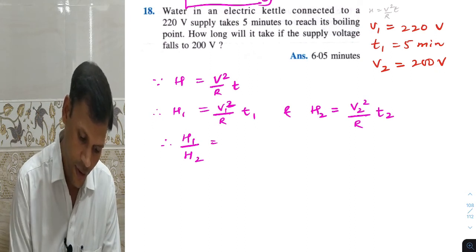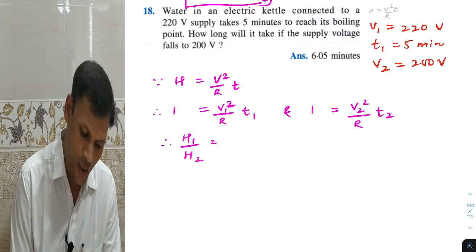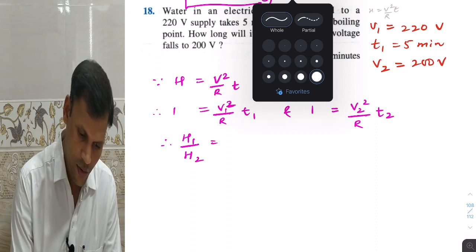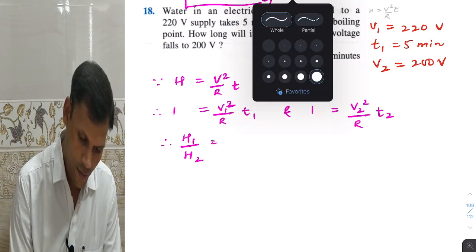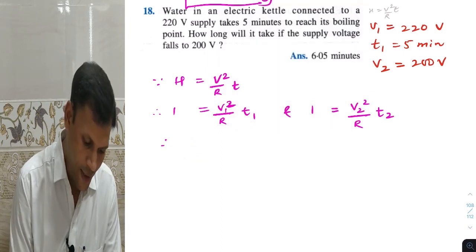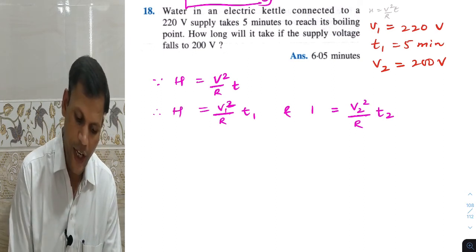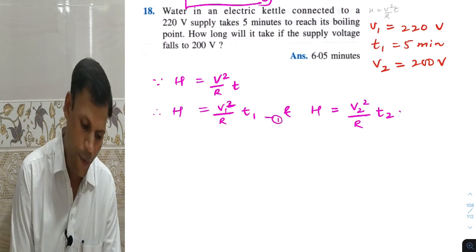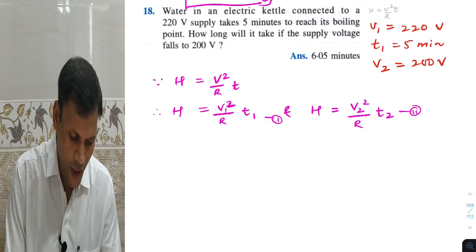We will write only H, because time is being asked, and the heat consumed will be the same. So we can write this as H and H, and equate these two equations, equation 1 and 2.